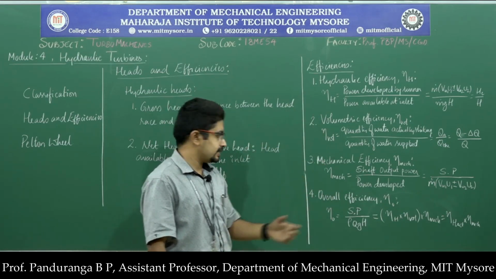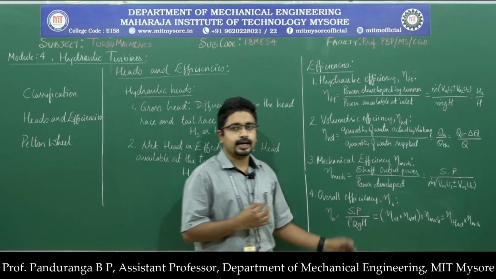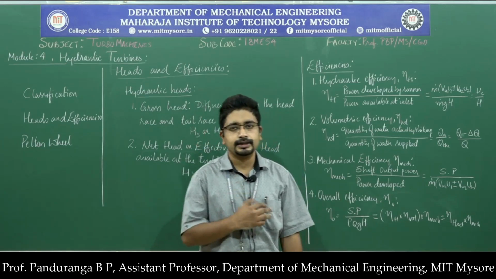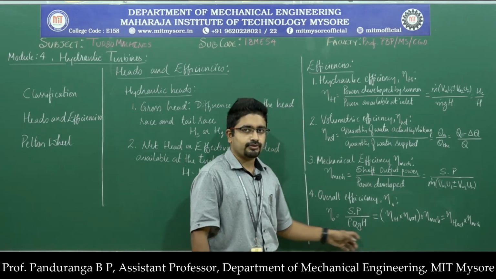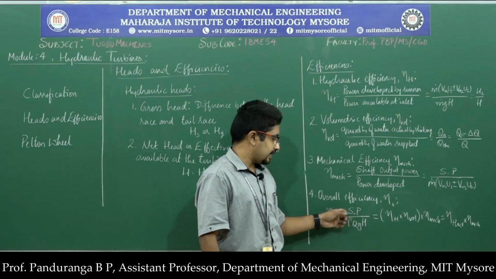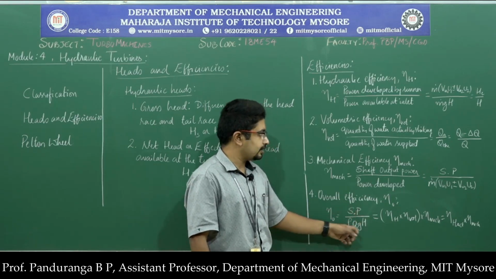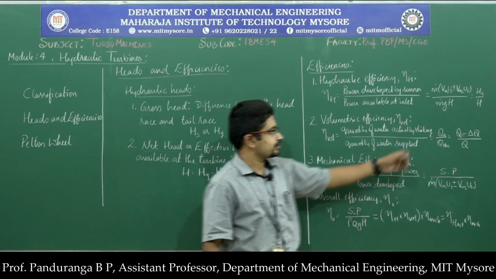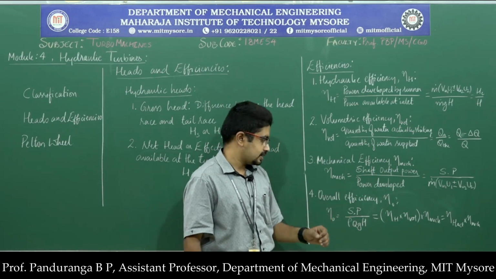Our overall efficiency is the ratio of shaft power output divided by the energy available at the inlet of the runner, or the fluid power available at the inlet of the runner, and that is given by rho q gh. The fluid power is rho q gh, and the shaft power I will represent as Sp. So it is Sp divided by rho q gh. So rho into q is also equal to m dot, or you can write it as m dot into gh.